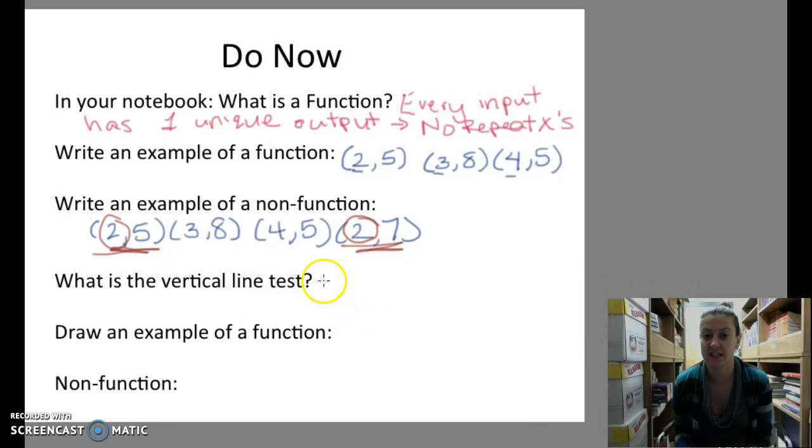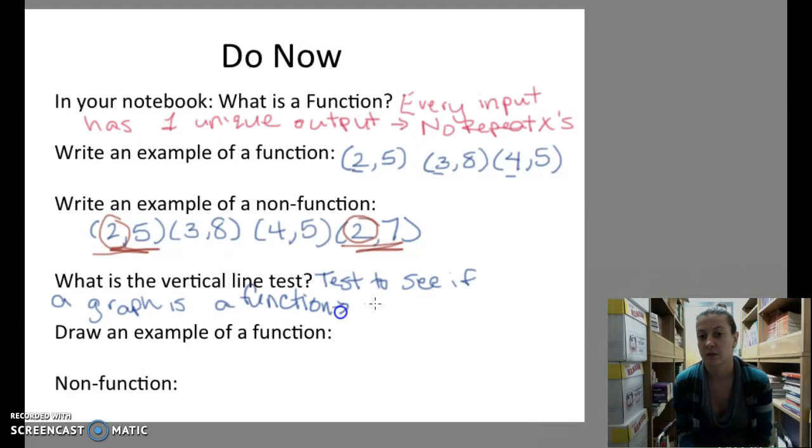Vertical line test is the way that we test to see if a graph is a function. Any vertical line should only pass the graph once, everywhere, right?